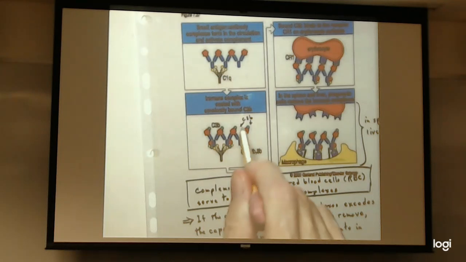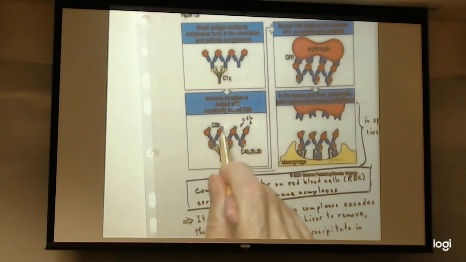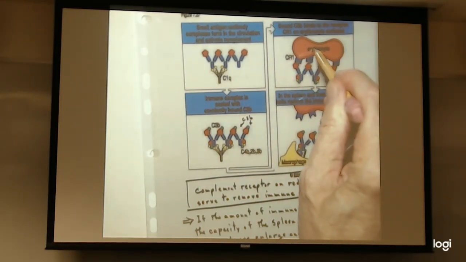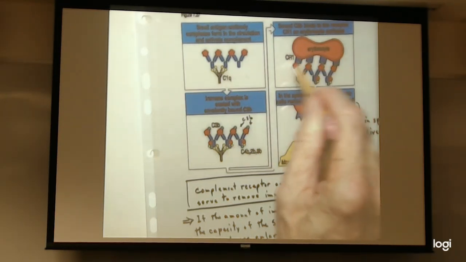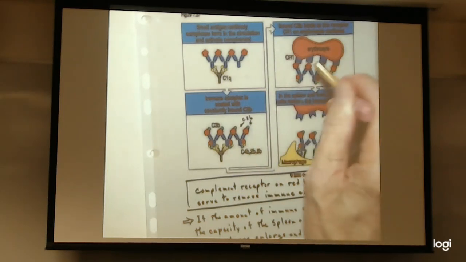So anyway, red blood cells can carry these complement-tagged complexes away to get rid of them. Red blood cells have complement receptors that will bind to the complement in these large immune complexes.